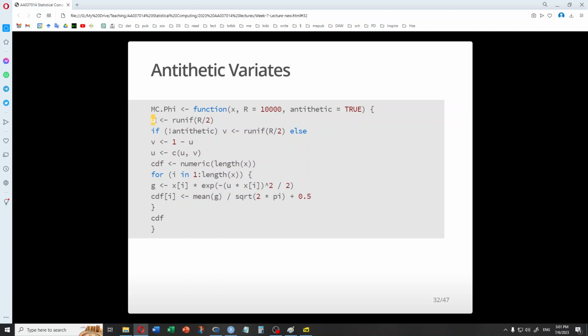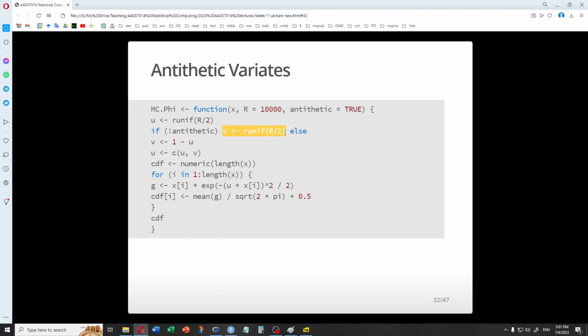First we have u, where u is given by runif of R divided by 2. As you can see here, we divide the 10,000 by 2. Then here we have an if: if it is not antithetic. Let's say we put antithetic is FALSE, then this one will be computed.